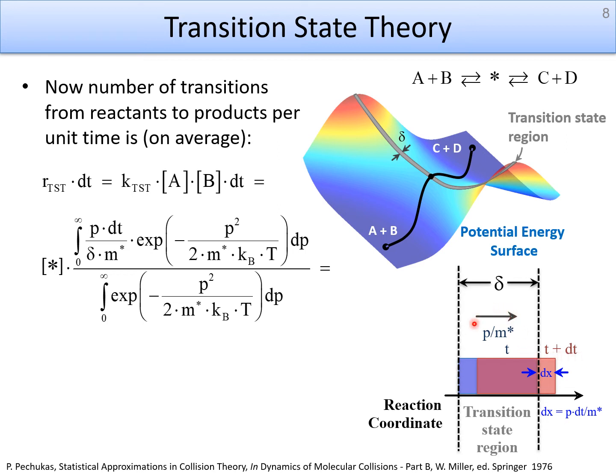So I'm showing this velocity vector here, right? It's momentum divided by the mass of our system. So the velocity is this, and then the delta x that I'm showing here is basically the velocity times delta t.